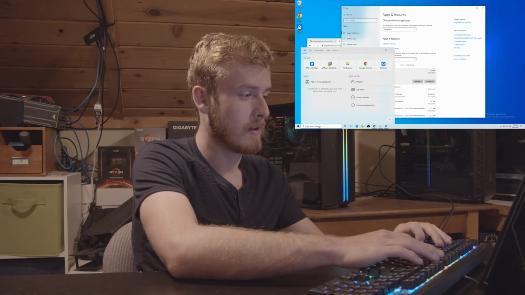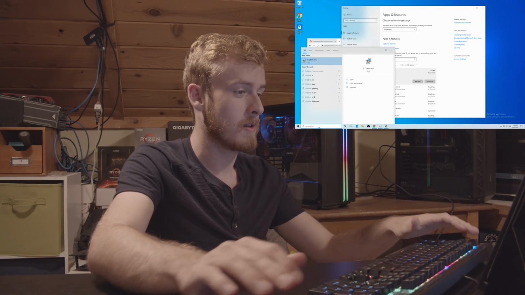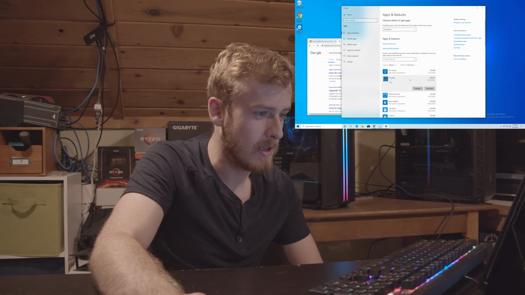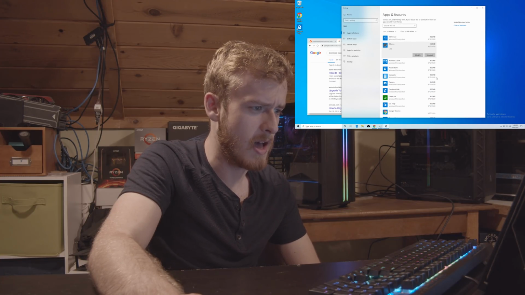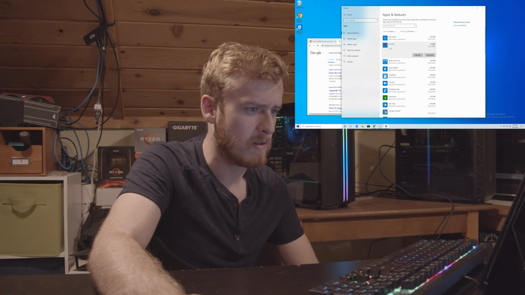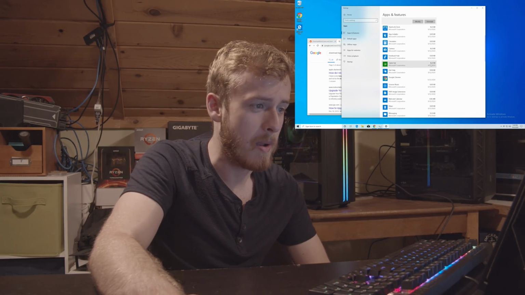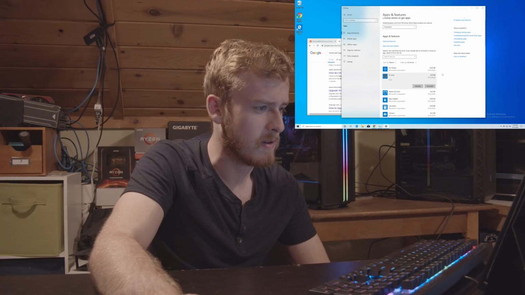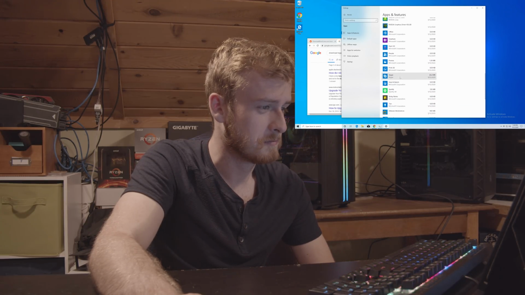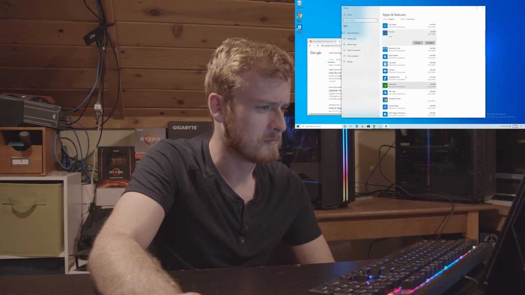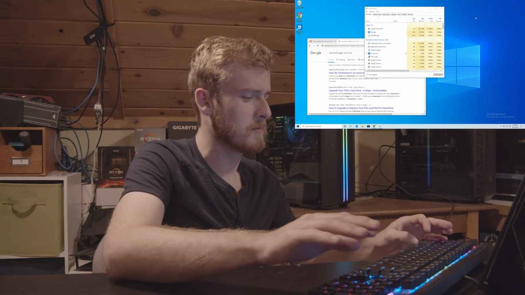Okay, 8 cores. It's surprisingly a lot of space comparatively to some of this other stuff. I'm interested in what it does.